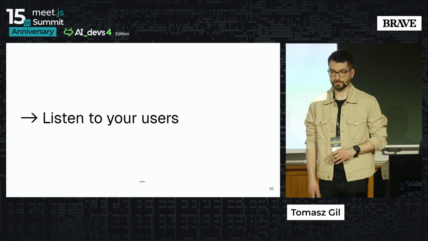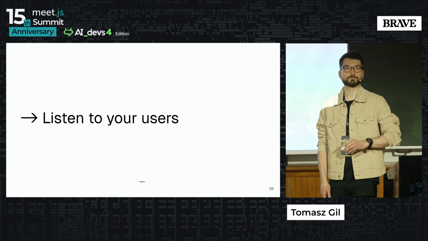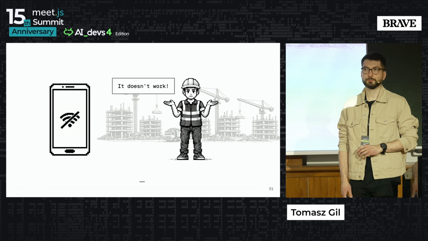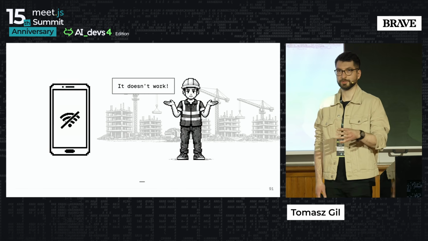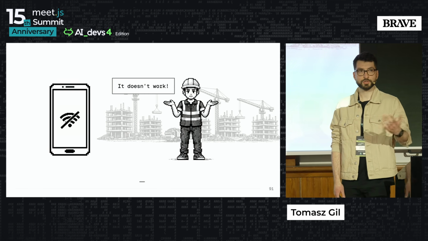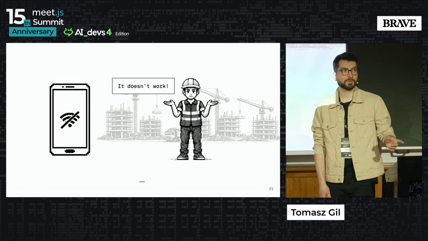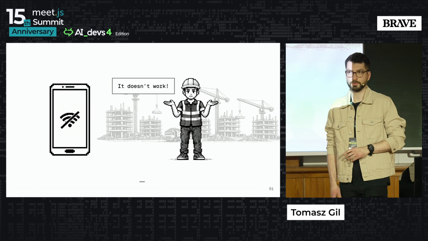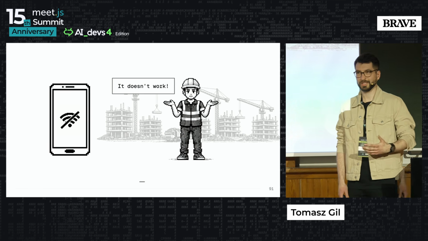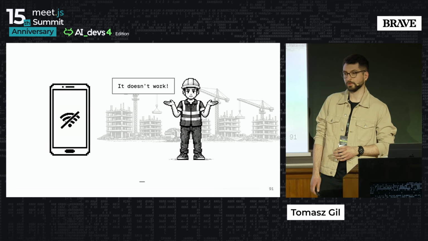And I want to end with a few takeaways. First, listen to your users. We've learned that our app doesn't really work best in places and conditions where our users need it the most. So maybe try using your app in the places and situations where your users most frequently use it. You might realize that they would really benefit from having some of the functionality available offline.